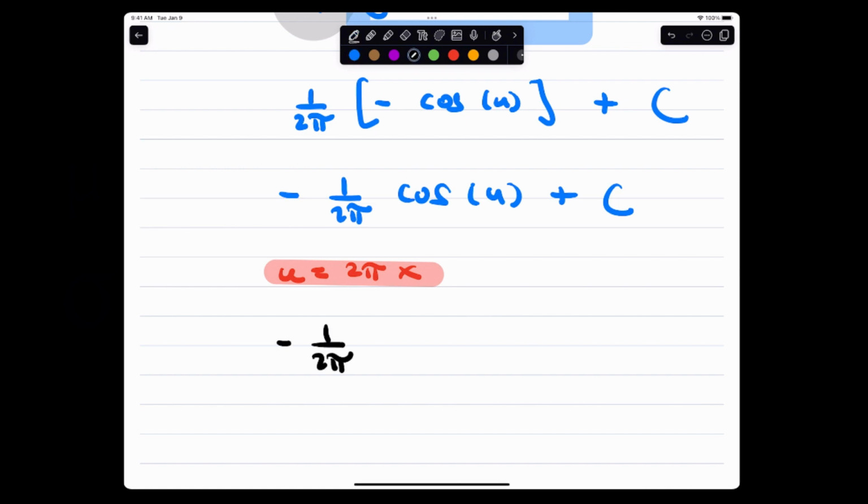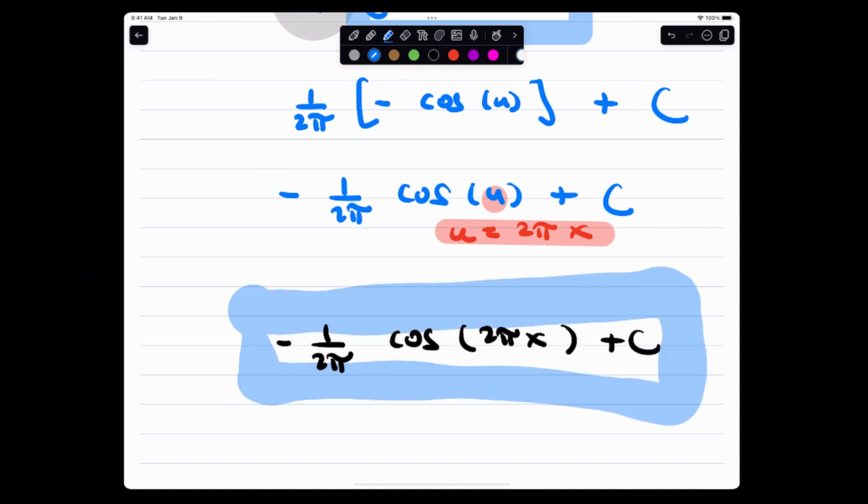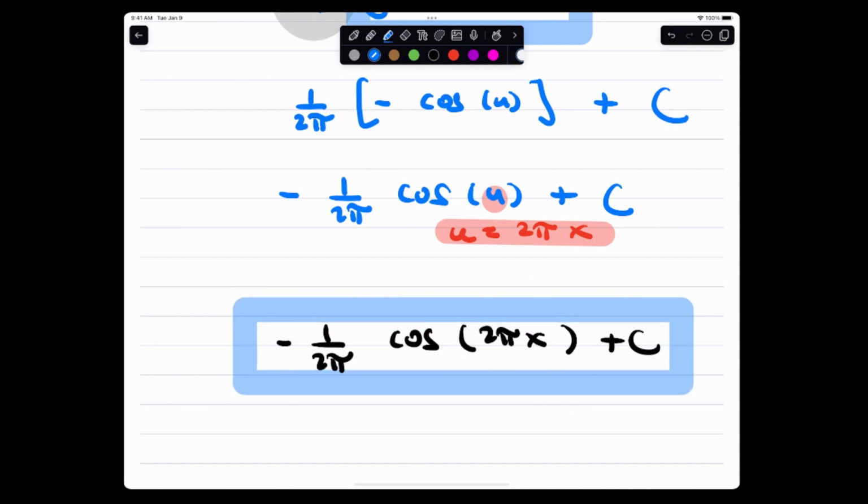Plug that in where? Wherever you have a u. Goes right in here. That's the same u. So here it is, ladies and gentlemen. Is that easy? You follow that process over and over and over again.